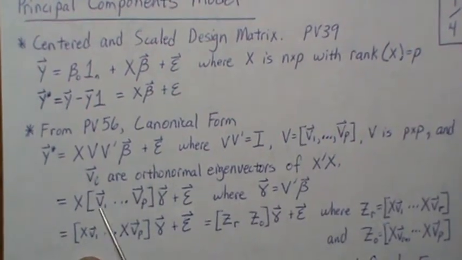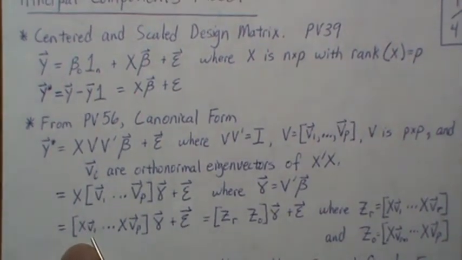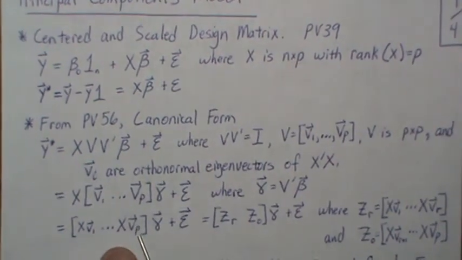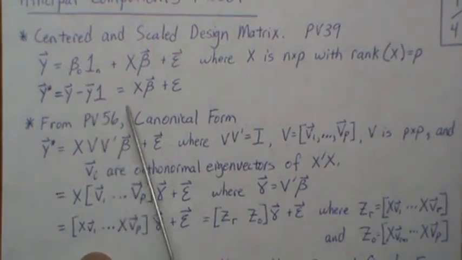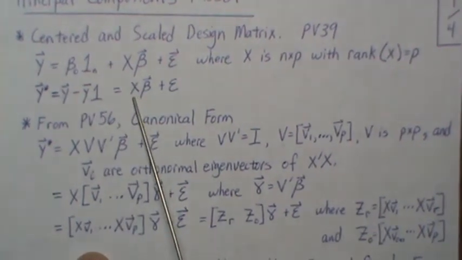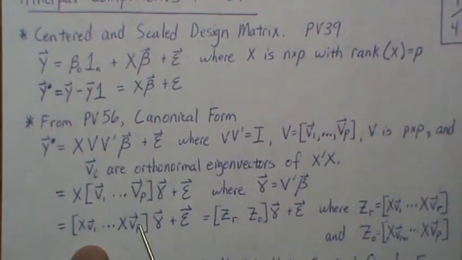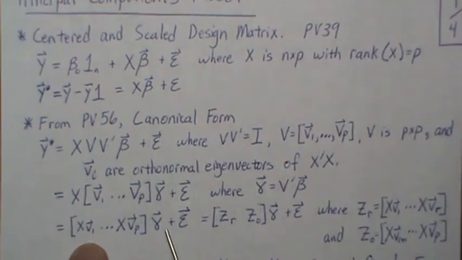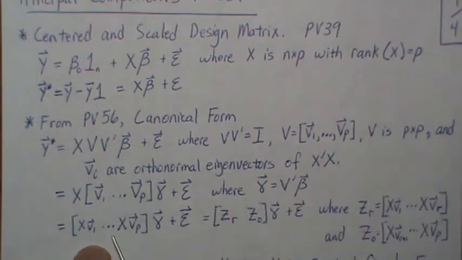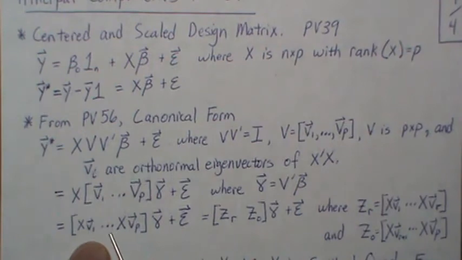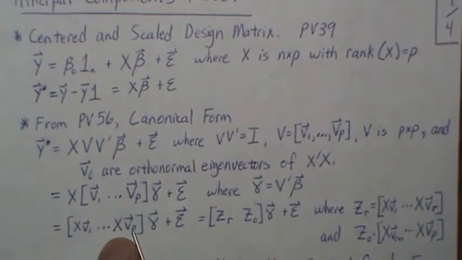Then we're going to multiply X into this, and then we get p columns: Xv1, Xv2, all the way to Xvp. And so in a sense, this is very similar to this model. Here we have p columns and a p by 1 vector of parameters, and here we have p columns and a p by 1 vector of parameters. Now these columns we're going to split into the first r and the last p minus r.